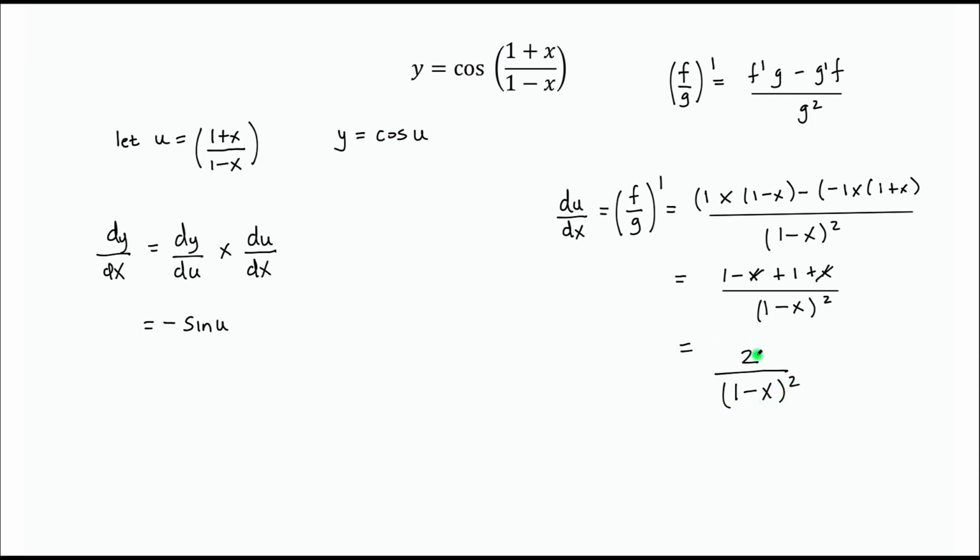Now substituting this back into our equation will give us the following. That's 2 over 1 minus x all squared.